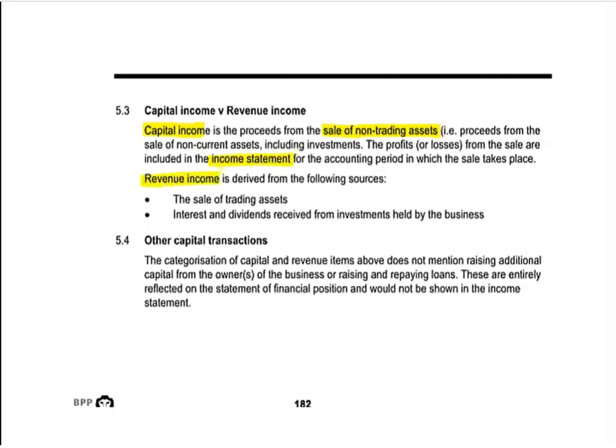Revenue income then is much more common, and that's what happens when we sell the goods that we have manufactured or the goods that we've purchased for resale, so the trading assets. Revenue income as well would also include any income that came from any investments held by the business.